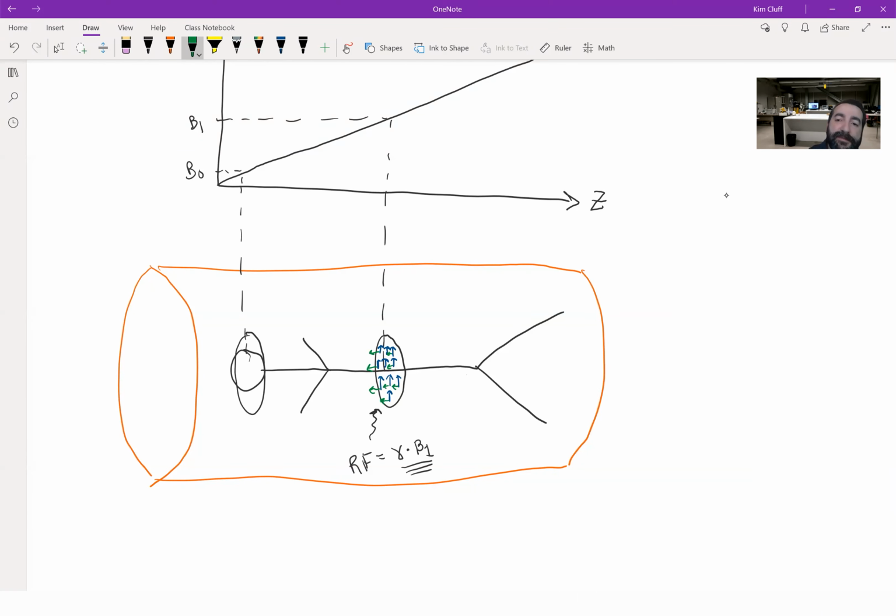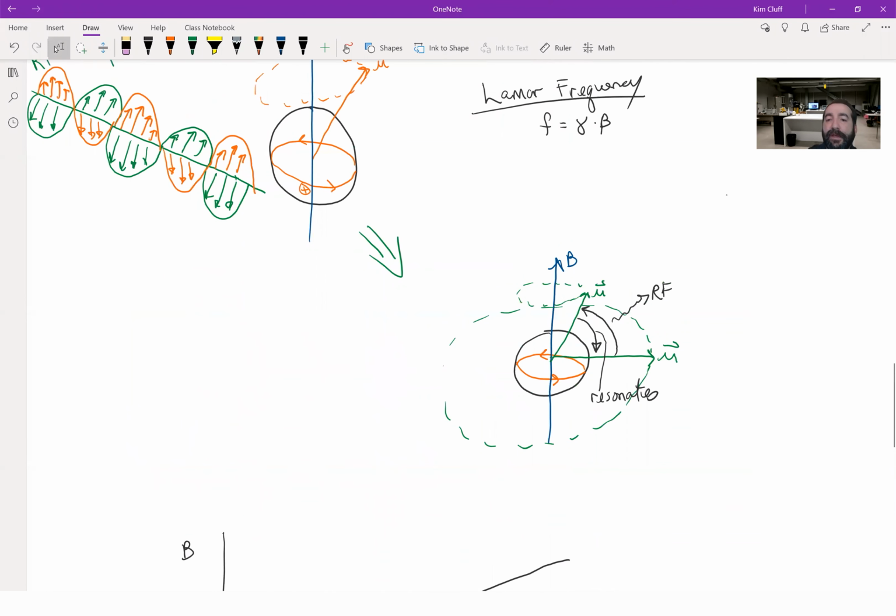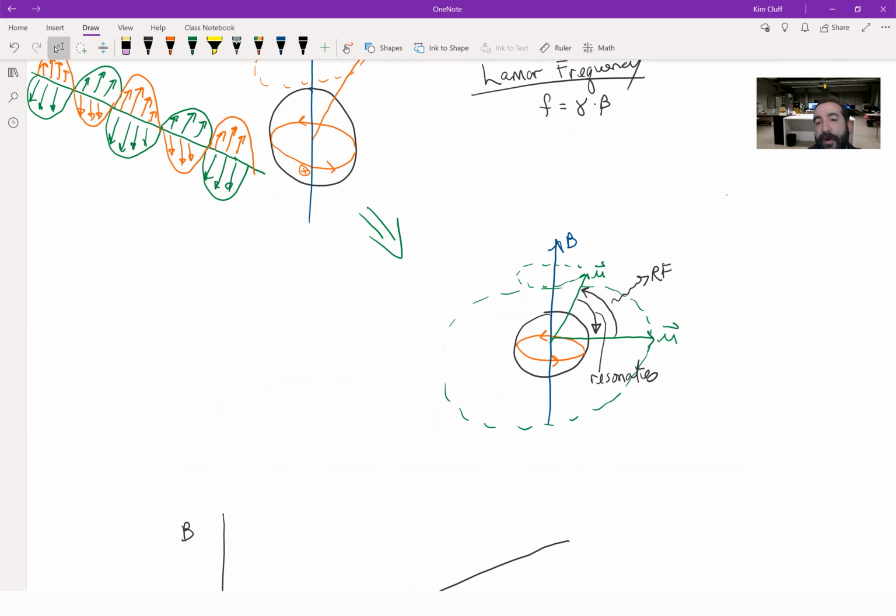these hydrogen atoms, just like I drew up here, when we turn off the RF pulse, this is when it gives off RF when the pulse is turned off.